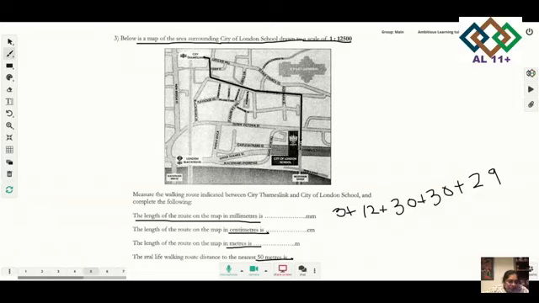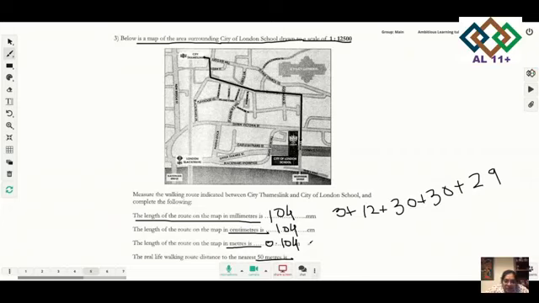So the answer for that one will be 104. The next one would be 10.4 because it's in centimeters, and the length of the route in meters would be 0.104.